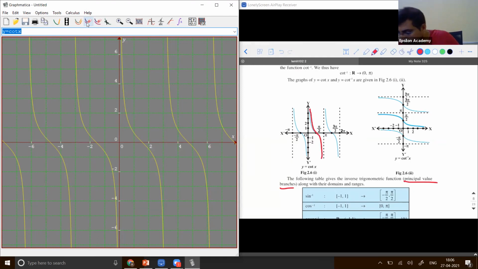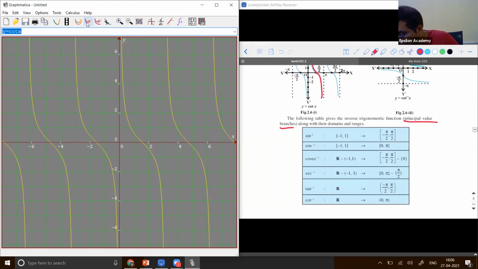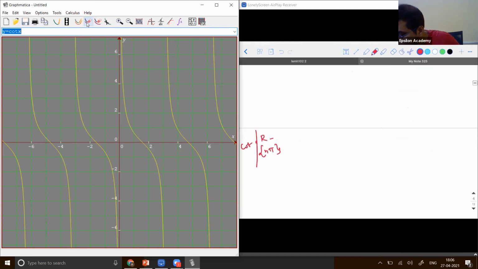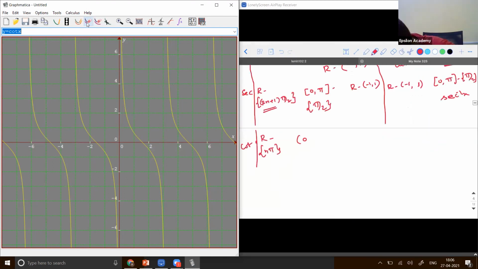You can take these values, Radha. Yes, sir. So restricted domain will be 0 to pi. Why did I write 0 to pi in open bracket? Because 0 and pi are not included. What will be the range?